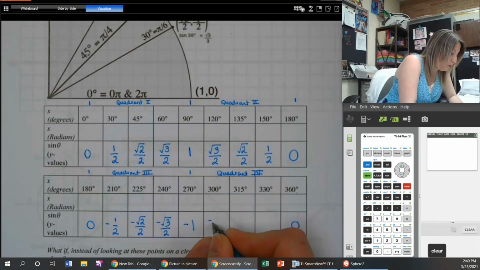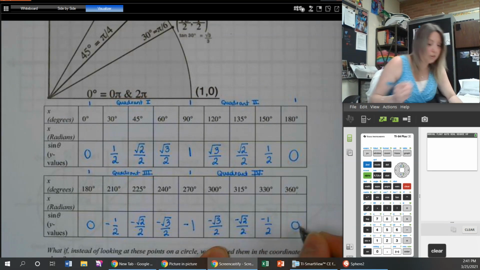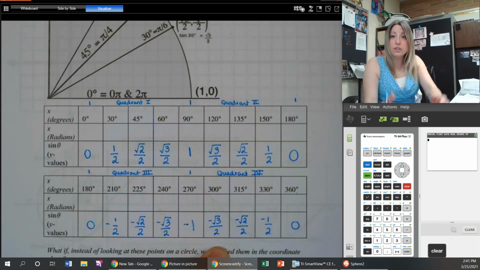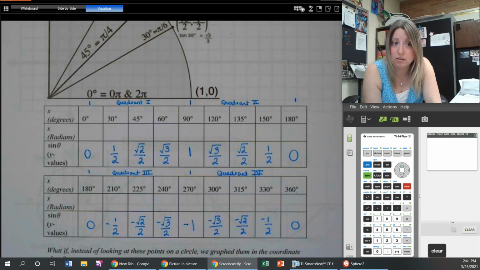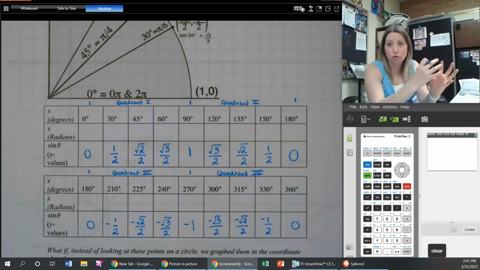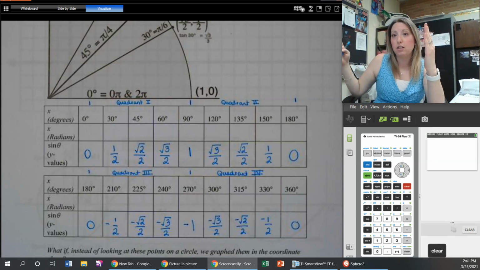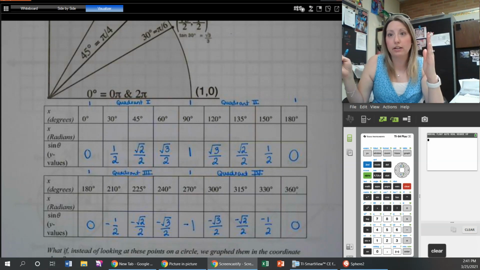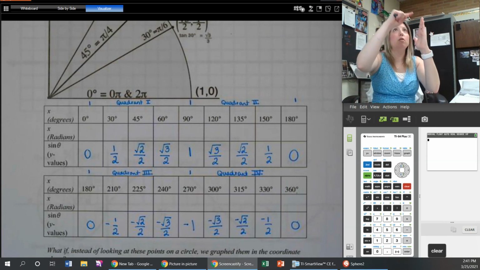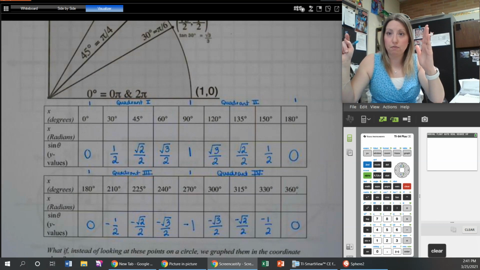Still negative for all of our signs: negative radical 3 over 2, negative radical 2 over 2, and negative 1/2 to 0. This is significant because what I'm going to do is stretch this out horizontally along an XY axis to show you the curvature of the sine function.